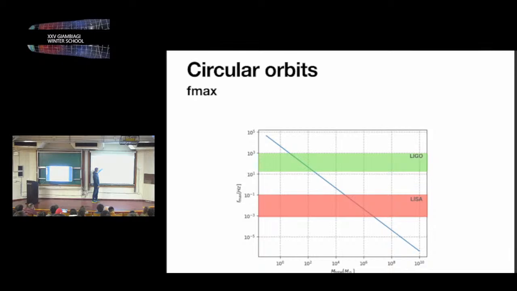So this is a way for you to figure out what kind of sources plausibly have a mass small enough that, before they touch, they can be in the bands of one of these experiments. The pulsar timing arrays are outside of this.